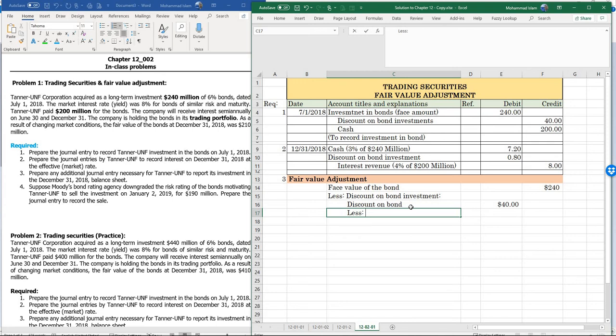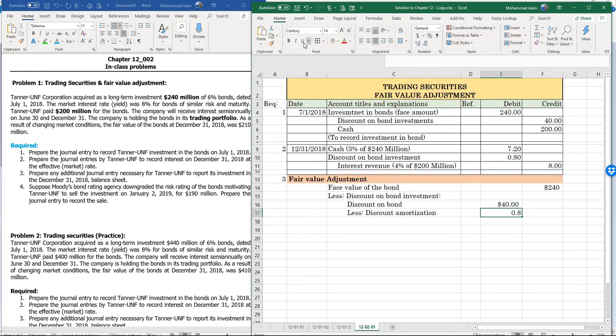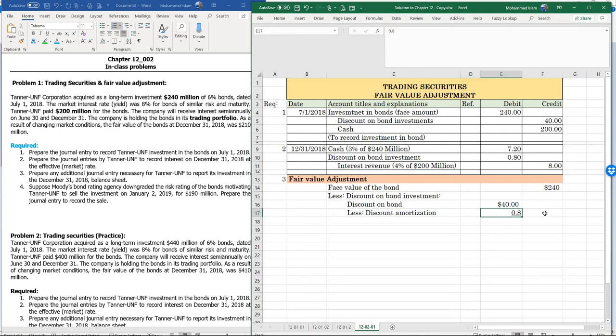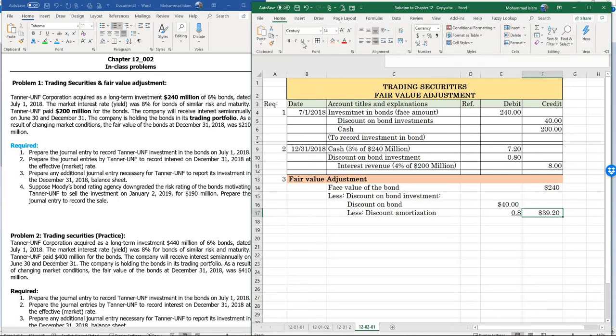So we find the difference between these two, and we subtract this one.